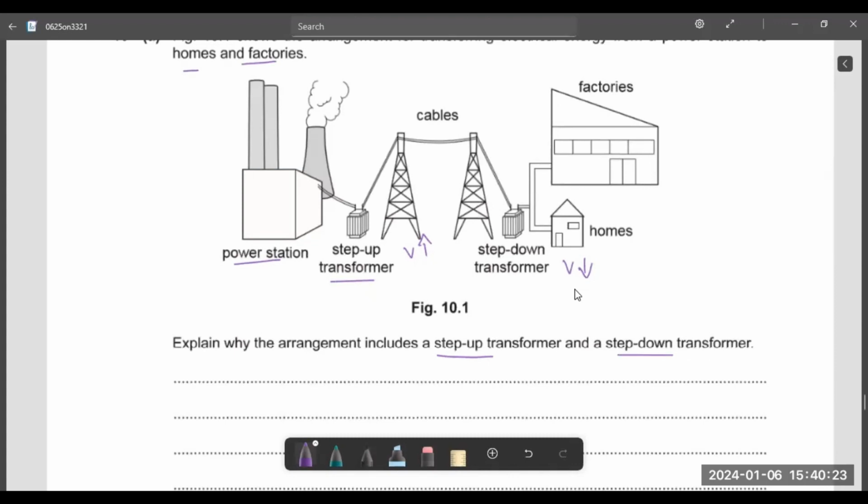Here, the step-up transformer is for increasing the voltage. When we are transferring at higher voltage and lower current, the power losses or energy loss will be less. And then we need to step down because in homes, our appliances work at low voltage. So there we require low voltages.